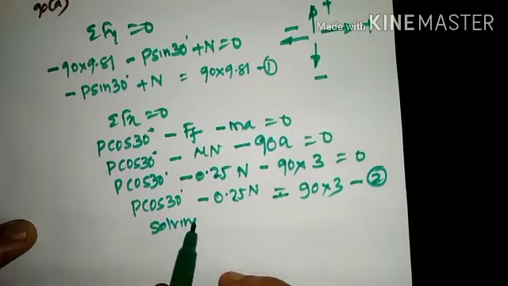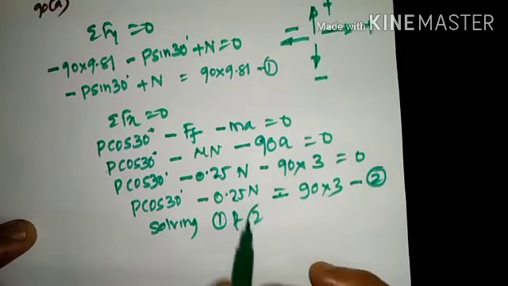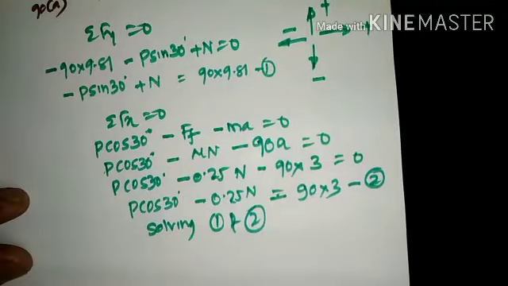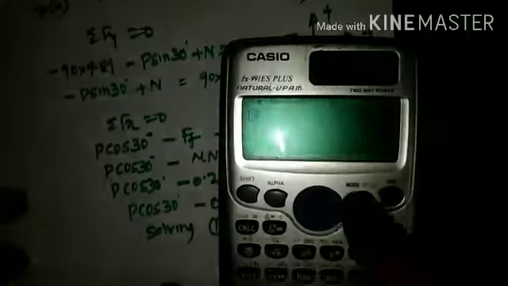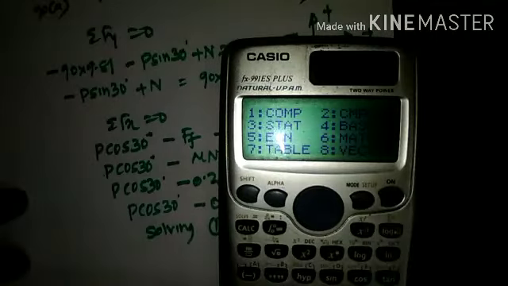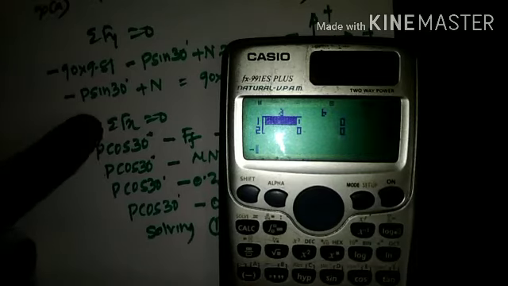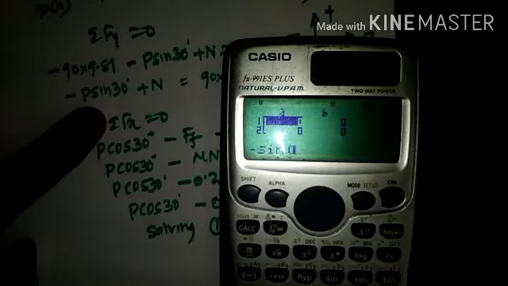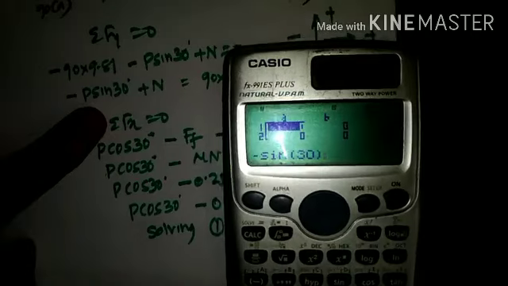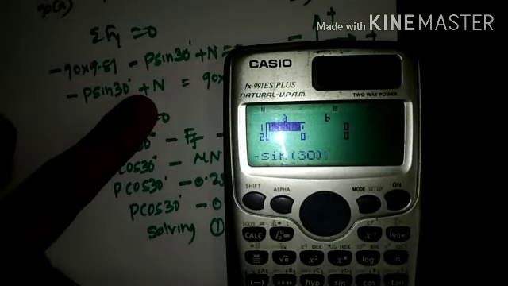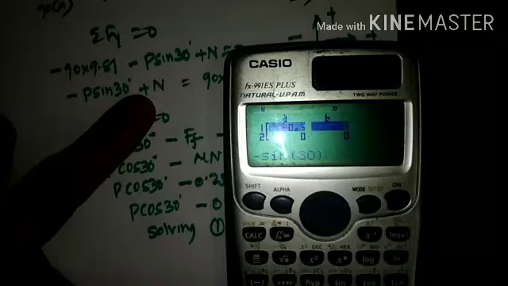Solving 1 and 2 as simultaneous equations, go to mode, equation, which is 5, and 2 unknowns. First one is sine of 30, which is minus sine of 30. The coefficient of N is 1.